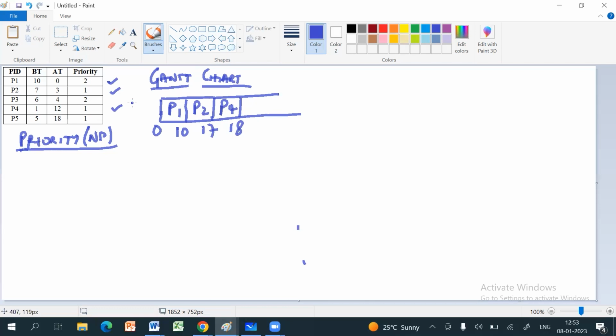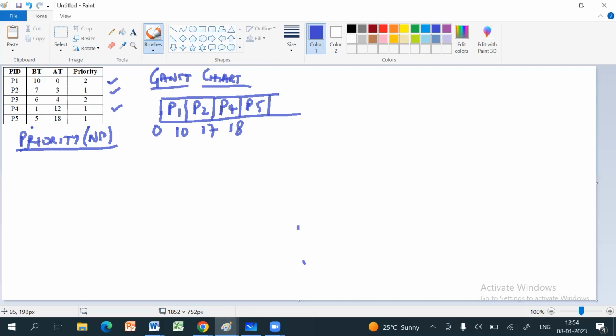Now in the queue right now, P3 was supposed to execute, but then again, at arrival time 18, P5 is also there. So at current time 18, we have P3 and P5 available. So obviously P5 will be given a chance because of a lesser number here, that is higher priority.